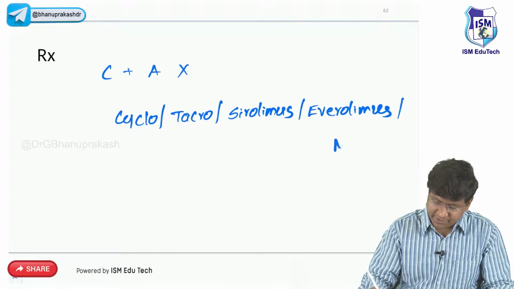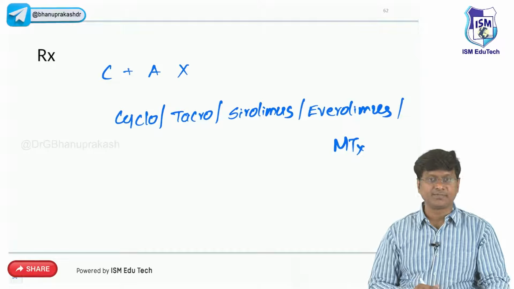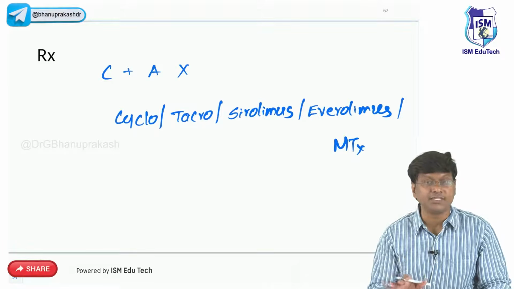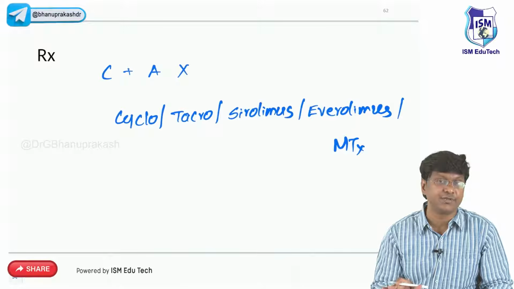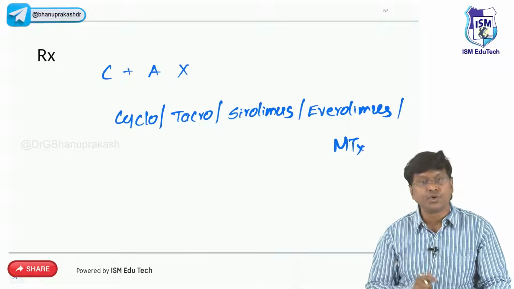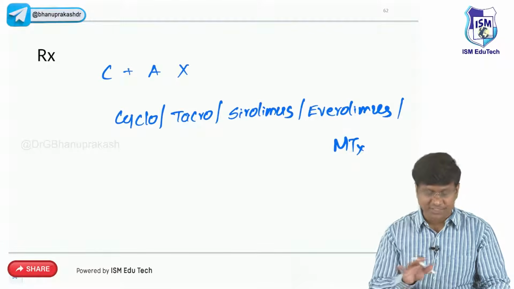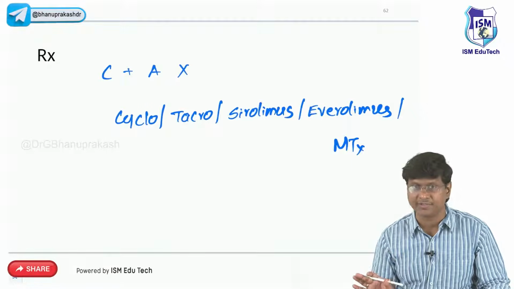The other drug is methotrexate. These are the alternative drugs that you need to give if the patient does not respond to corticosteroid as well as azathioprine. So this completes the discussion of autoimmune hepatitis.